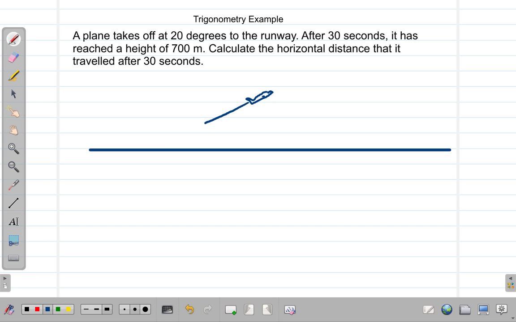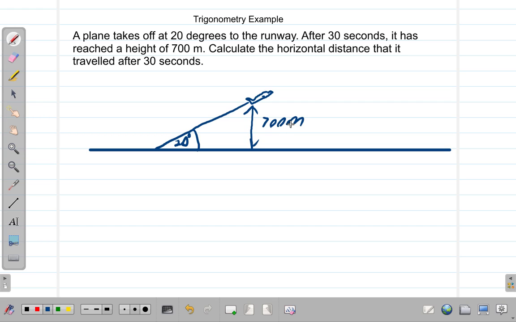Let us say this is our 20-degree angle. After 30 seconds, it reaches a height of 700 meters. You must calculate the horizontal distance that it traveled after 30 seconds.